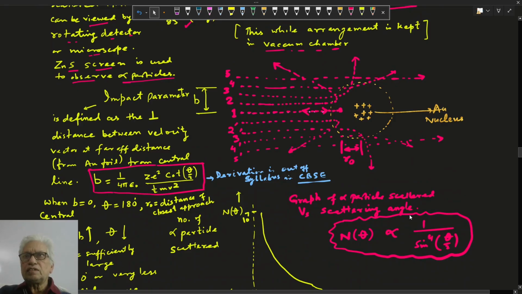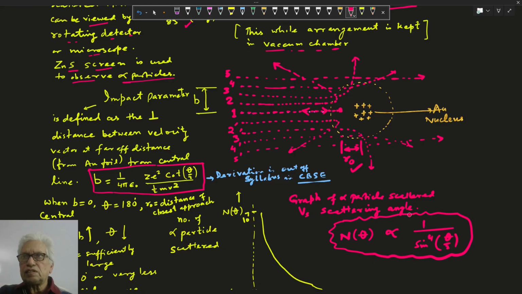Now here, the central line alpha particle, say stream number 1, comes towards the gold nucleus, is repelled by the positive charge, comes closer and closer to the closest distance, that is R0, and then rebounds, bouncing back in the same direction. Stream 2 is deviated by a scattering angle theta, maybe 150 or 60 degrees.